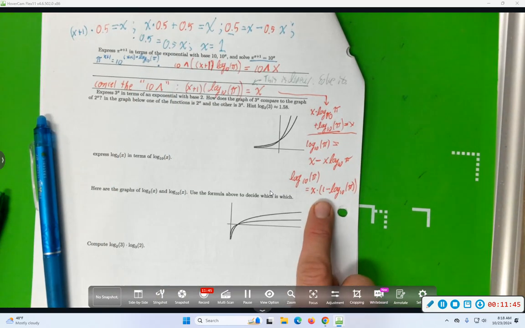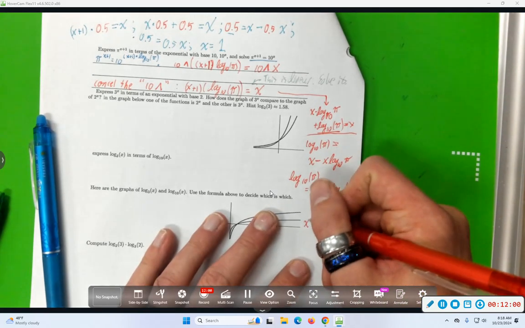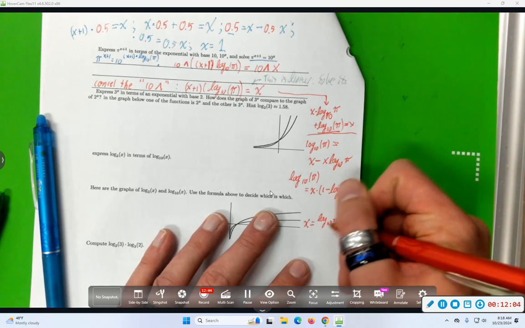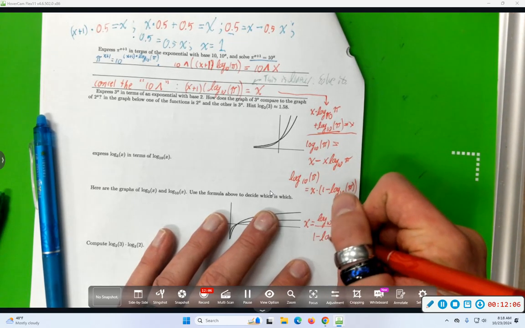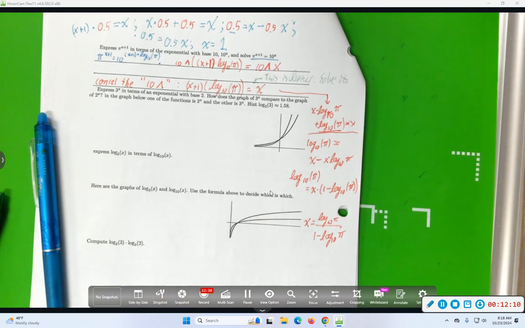What do I want to divide by to get x on its own? The thing next to the x. Yeah, so let's do that. So this means that the solution to this equation is x equals log 10 pi divided by 1 minus log 10 pi. That feel pretty good?